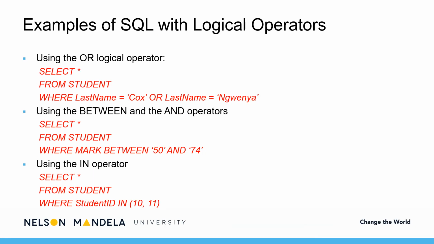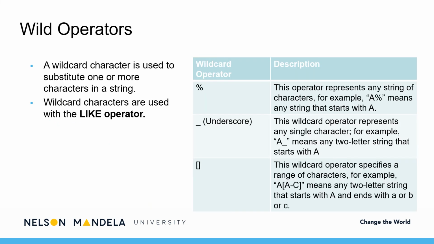These are just examples. This is the and and the or I was talking about, and for the and, both parameters or the range should exist, and then the in over there means it's either that or the student ID or the next one over there.